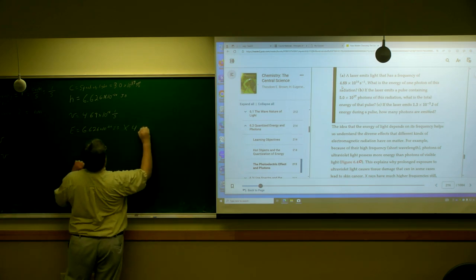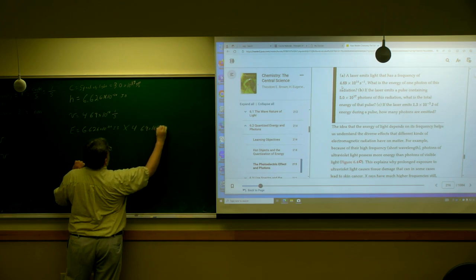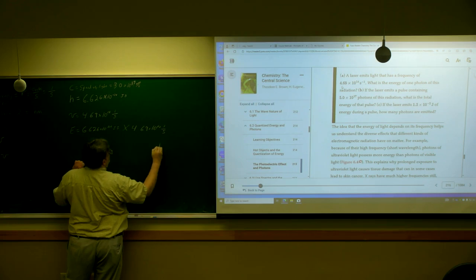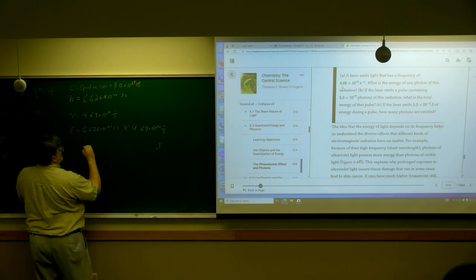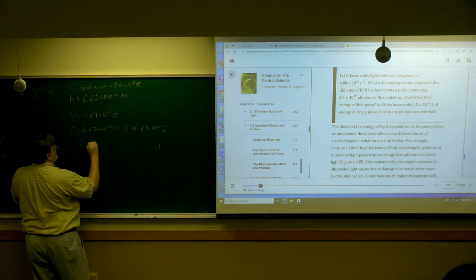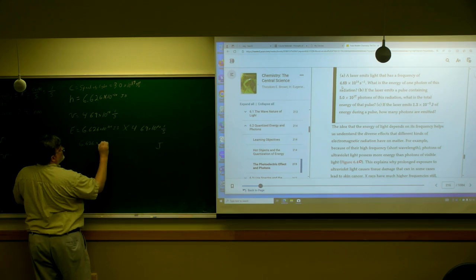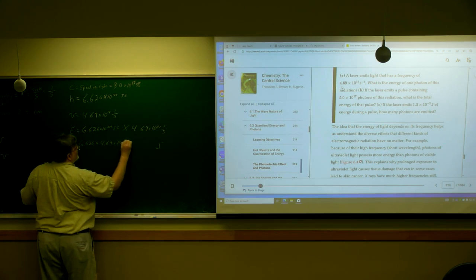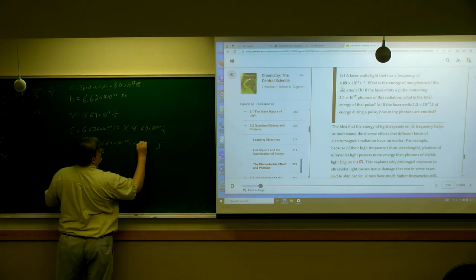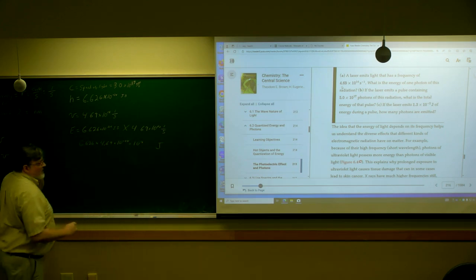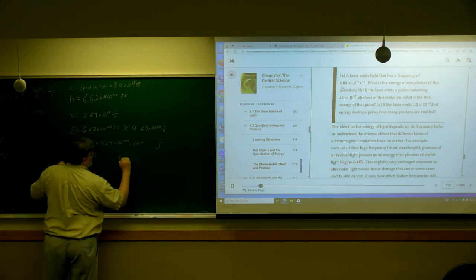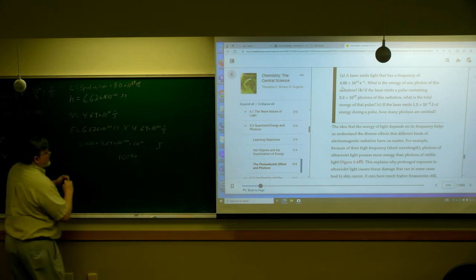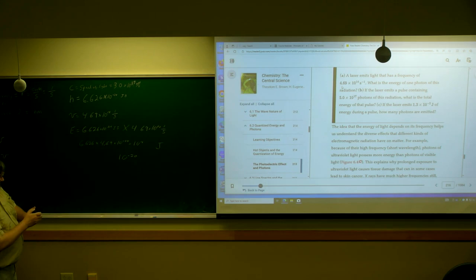Planck's constant times the frequency. Our units are going to be in joules because the seconds cancel. Times 4.69 times 10 to the negative 34 times 10 to the 14. 34 minus 14, we're at 20 again, 10 to the negative 20. 6.626 times 4.69.